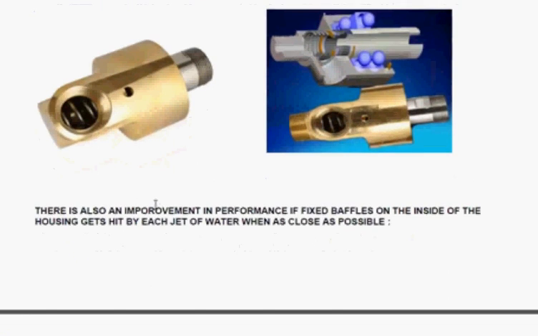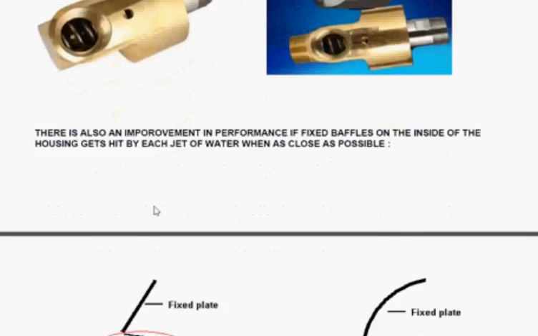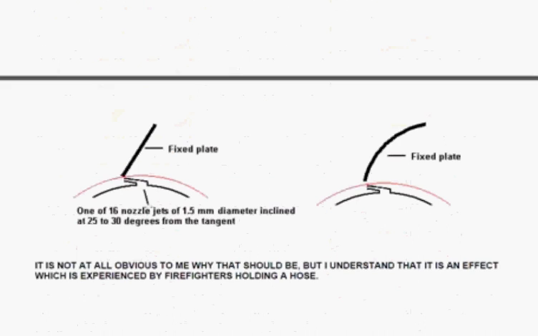Now, there is an important factor for boosting the power in this, and that is you've got 16 nozzle jets with a 1.5 millimeter diameter hole in them, inclined at 25 or 30 degrees from the tangent at the edge of the cylinder where it's connected.